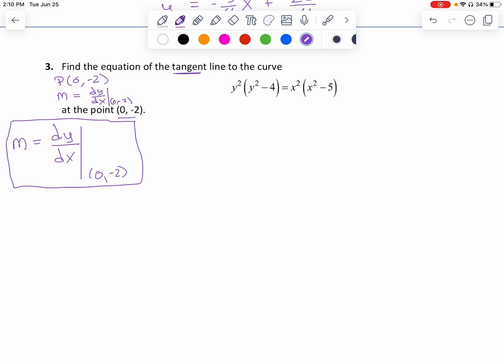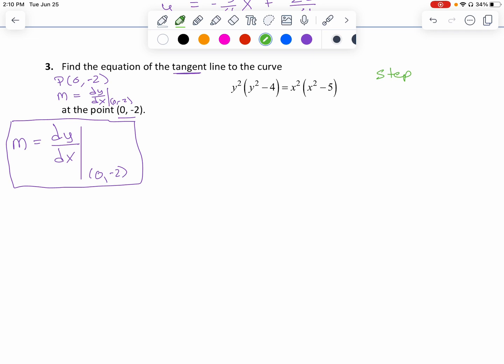So I need to derive this, right? I need to use differentiation and find out what the derivative dy/dx is. So I'll use implicit differentiation.